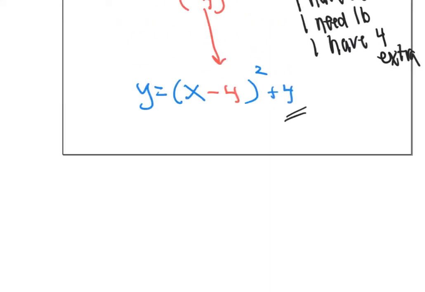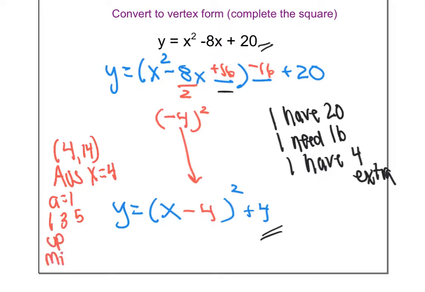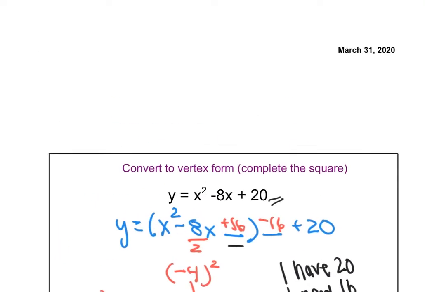Let's go back and look at example number 2, what the vertex form tells us. It would tell us we have a vertex at 4, 14. It would tell us that we have an axis of symmetry at x equals 4. Since the a value is a positive 1, we'd have a pattern of change of 1, 3, 5. Since the a is positive, it would open up and we will have a minimum value. So this is a little review from yesterday and from chapter 3.